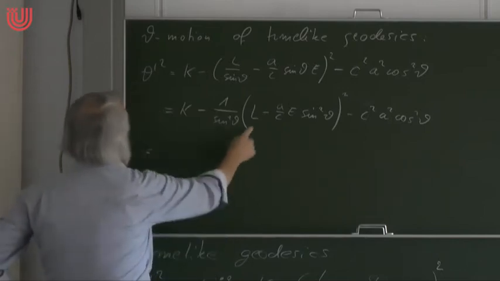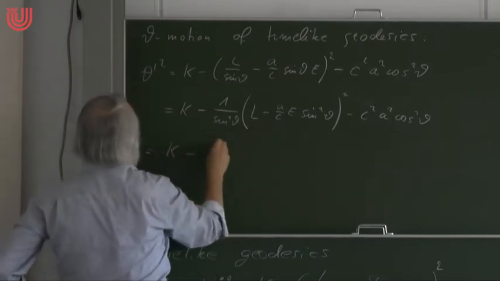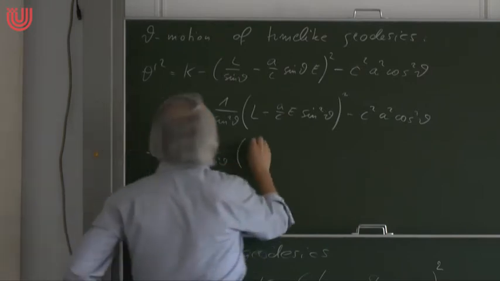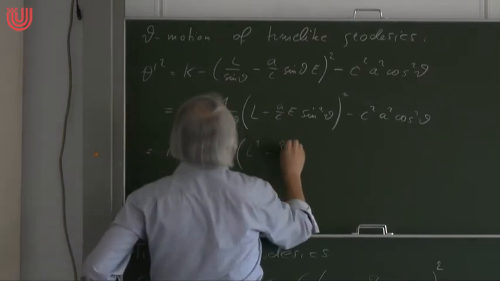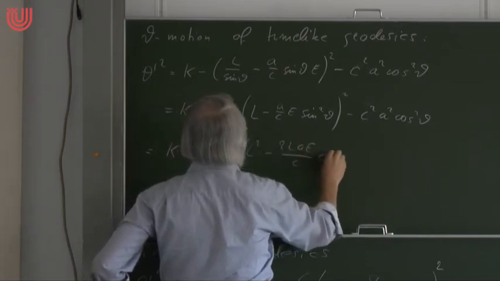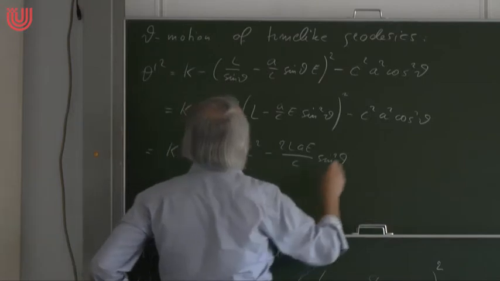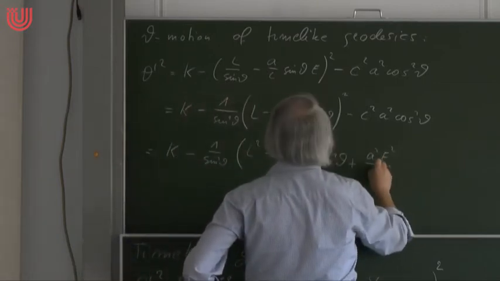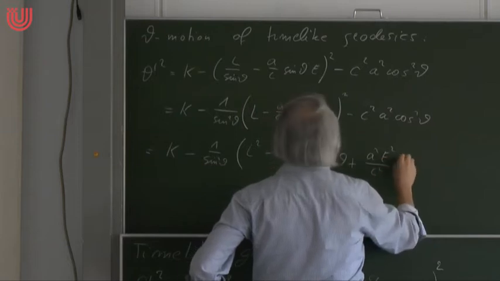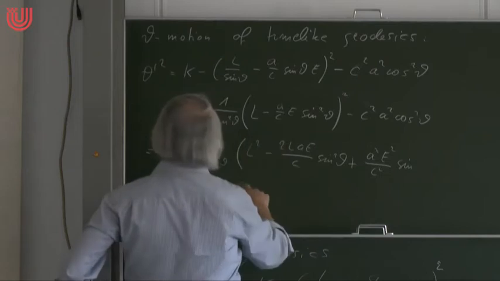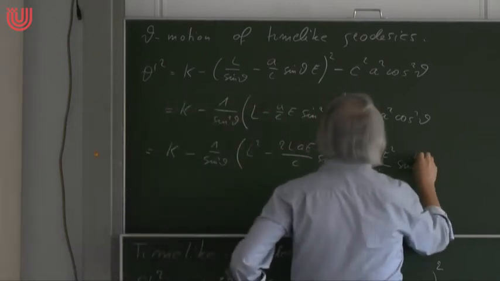So if I multiply this bracket out, I get K minus 1 over sine squared theta, L squared minus 2L A E over C sine squared theta plus A squared E squared over C squared. Wait a minute. Yes, it's in front of the bracket, then it's correct.